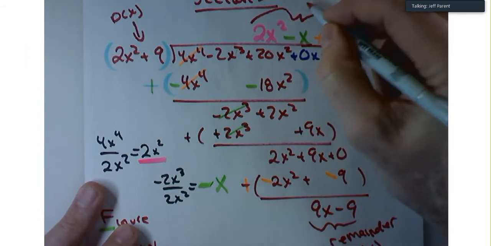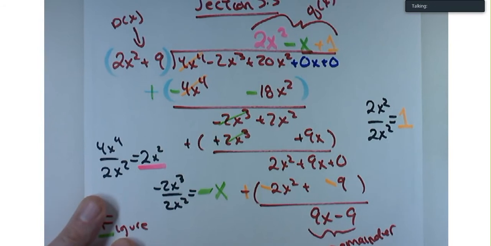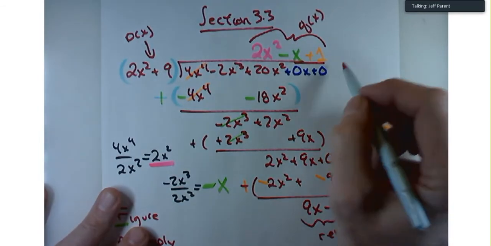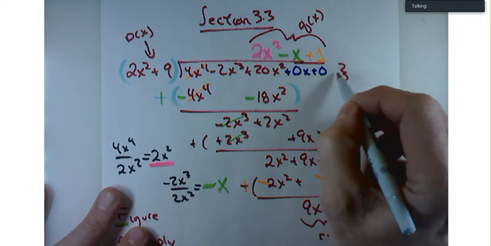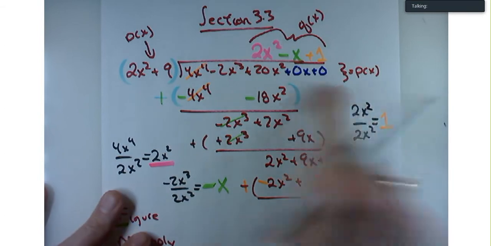This part here is your quotient, q of x. And then last but not least, this polynomial, that's your p of x. All of this in here.